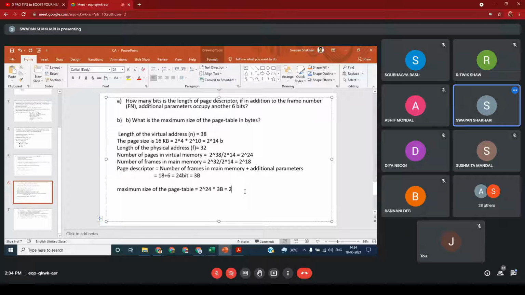Okay, so 2 to the power 4 multiplied by 3 megabyte. This one, is it okay? Yes, sir.